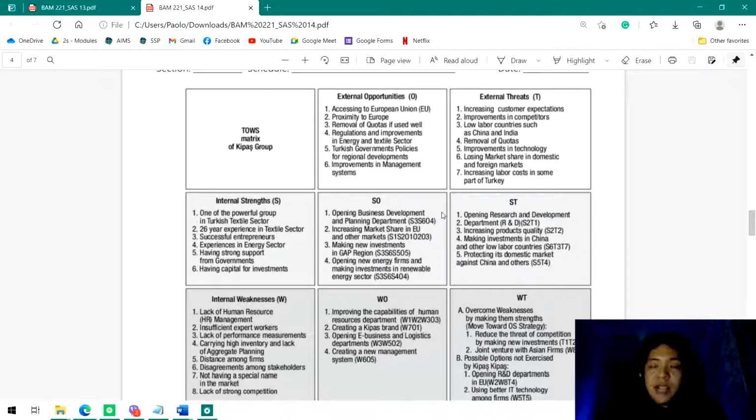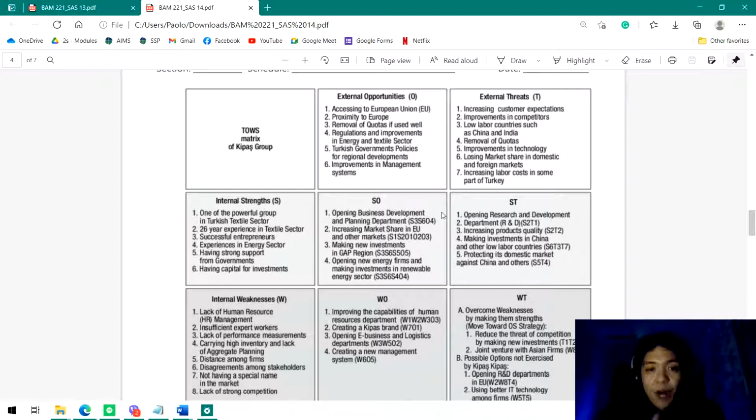So since meron tayong opportunity to expand into the energy and textile sector, and we have the strength na magagaling ang entrepreneurs natin, and meron tayong capital, kaya natin ngayon gumawa ng isang business development and planning department.